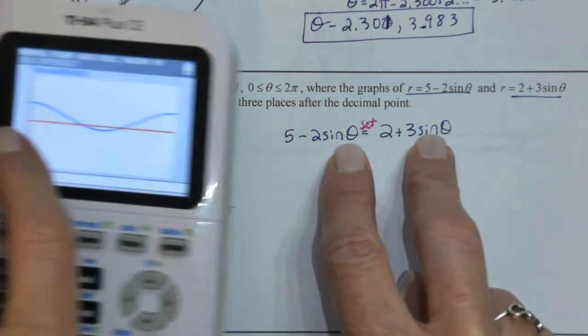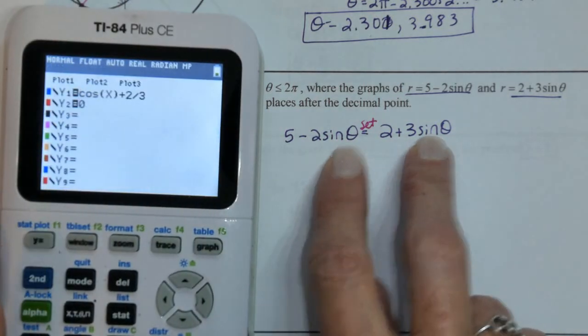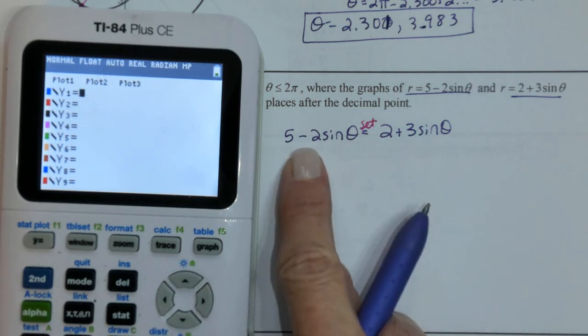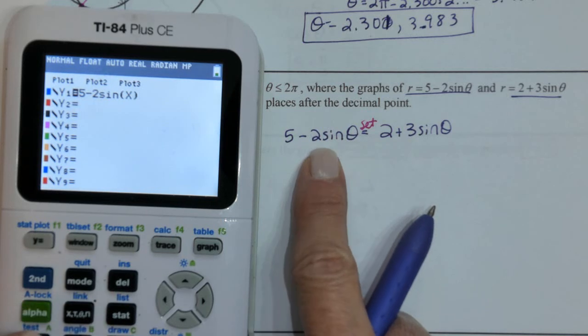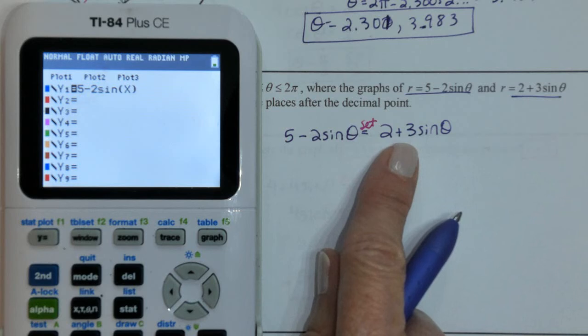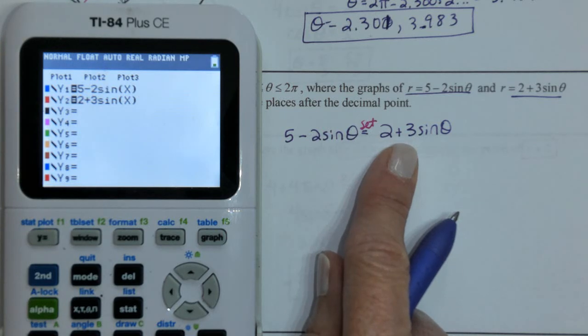Here I don't really have to get sine of theta by itself. I could just come right in here, in from my y equals, put 5 minus 2 sine theta, where theta is my x, in for one equation, and 2 plus 3 sine theta, x, in for the other equation, and see where those intersect.